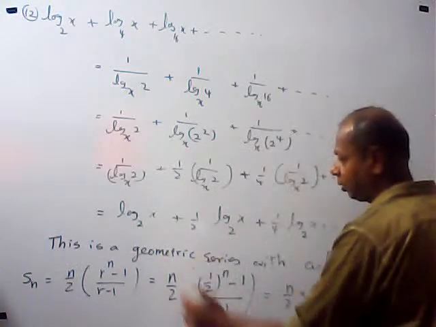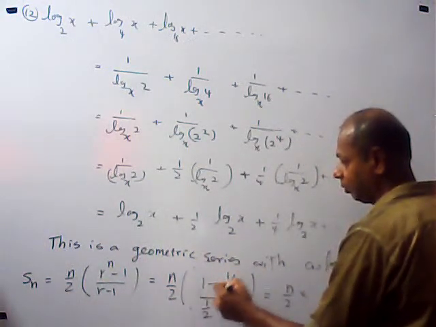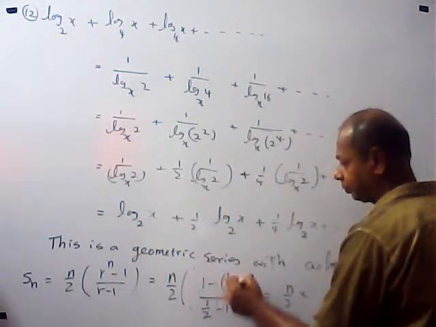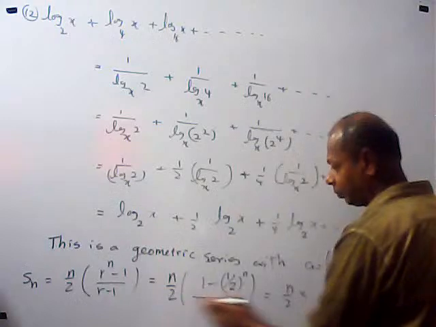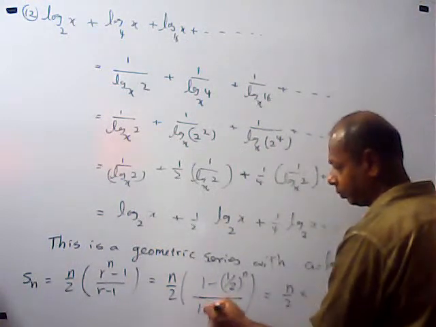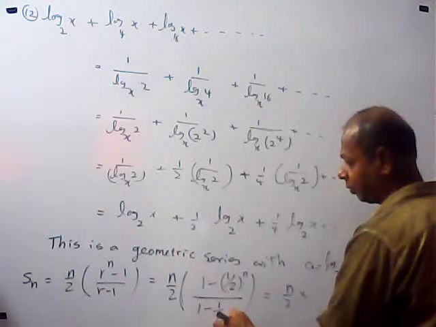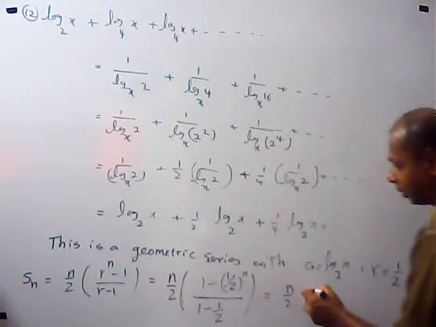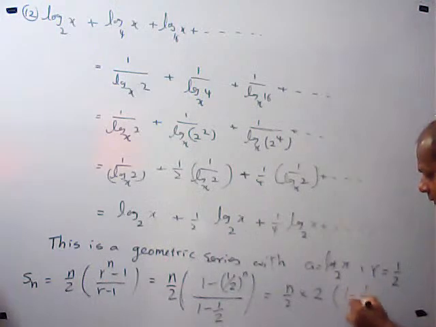Write 1 minus half, which is half, will come out as 2 and give 1 minus 1 over 2 to the power n.